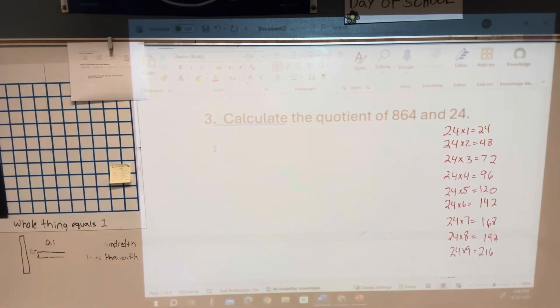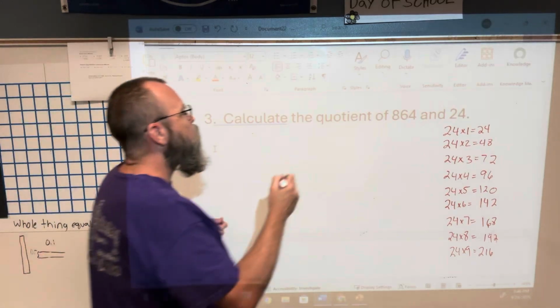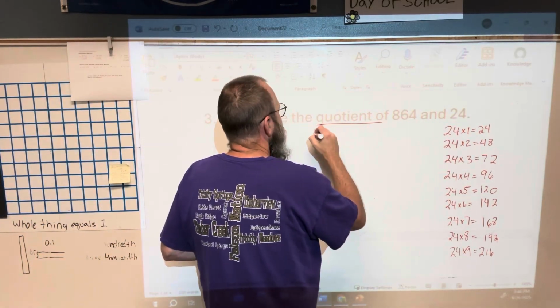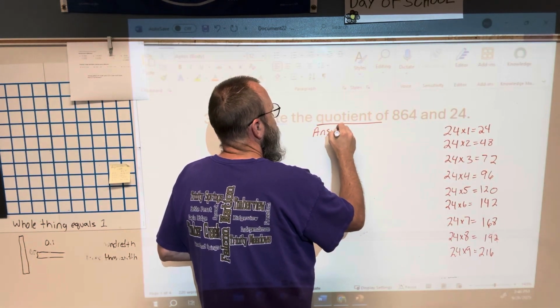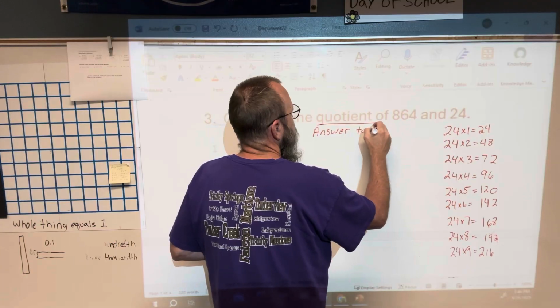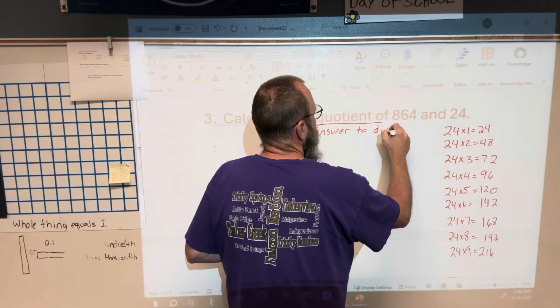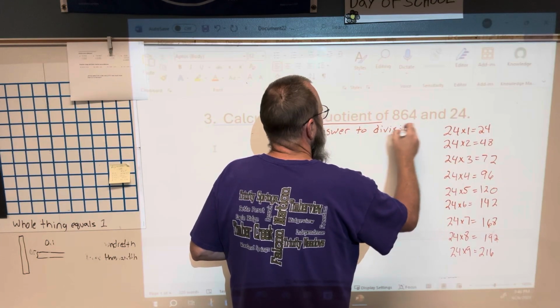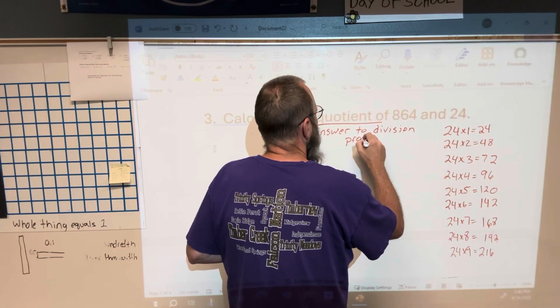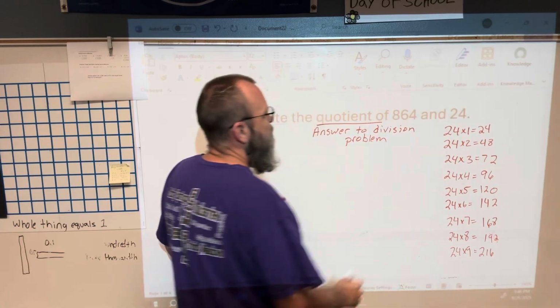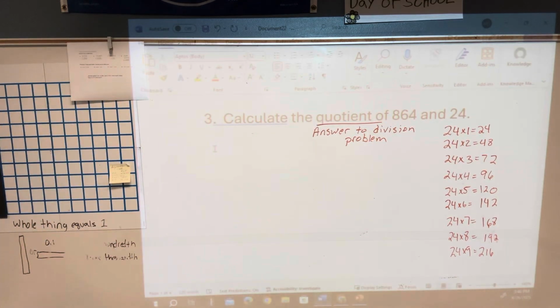Spiral Review 7, problem number 3. Calculate the quotient of 864 and 24. The word quotient is the answer to a division problem. So this is telling us to divide 864 and 24.